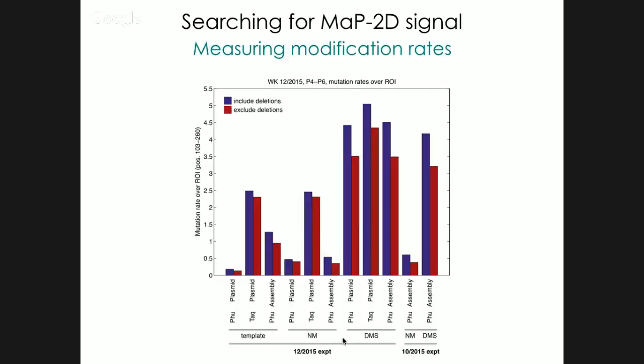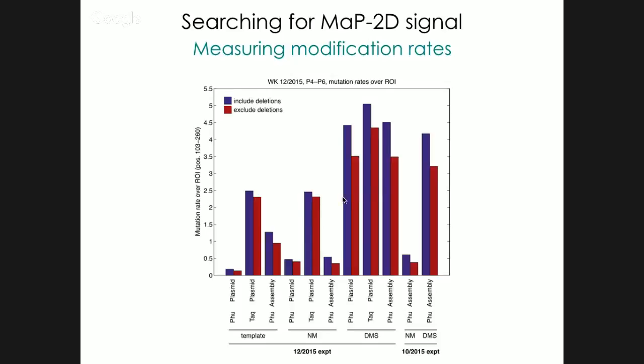So that's template, no-mod, and DMS here. In the no-mod data, the error-prone PCR shows a much higher modification rate over P4, P6 than either getting the template from the plasmid using Fusion, which is not error-prone, or assembling the DNA template using primers. And then when you perform the DMS modification, they all shoot up to very high modification rates.